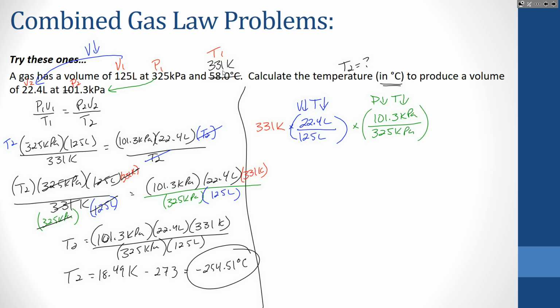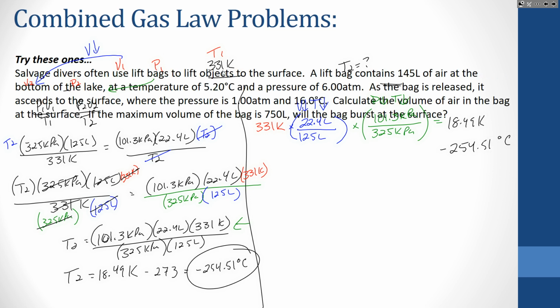And if you look on the top in this equation, we had 101.3, 22.4, and 331. That's the same. And on the bottom, we had 325 and 125. So this ends up being the exact same answer. So our final answer is 18.49 kelvins, or negative 254.51 degrees Celsius. So it's the same idea.